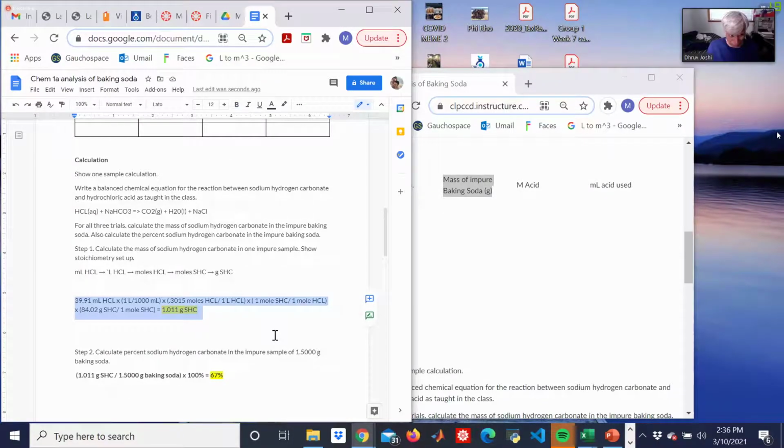So here we are. 39.91 milliliters converted into liters, and then 0.03991. Are you writing it down on your calculator? Yeah. Okay, so that's going to be 0.03991 multiplied by 0.3015.